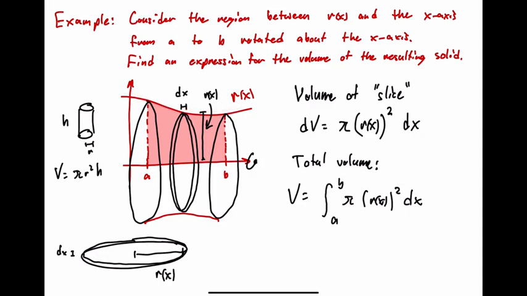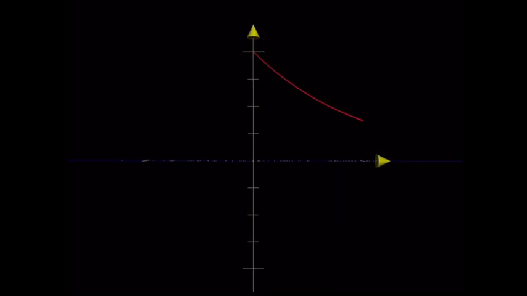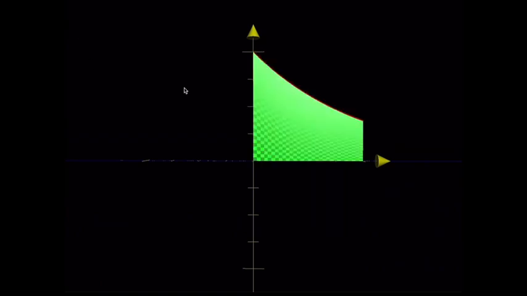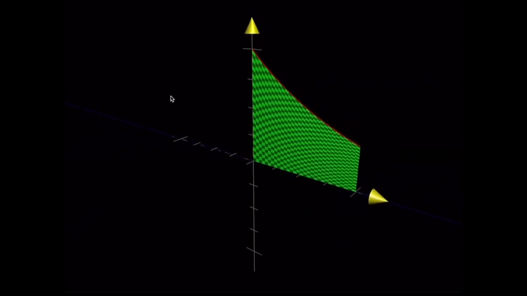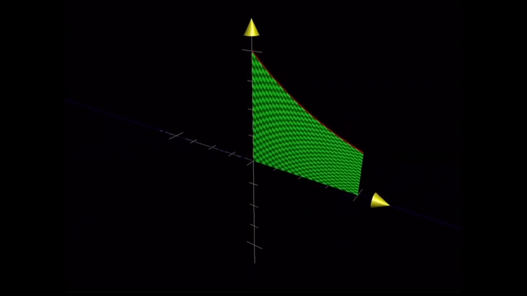Let's try visualizing this in 3 dimensions. Here we have a 2-dimensional plot that's actually in a 3-dimensional graphing system, but just imagine this red curve as some function f of x, and let's imagine taking the area that looks like this and rotating that area around the x-axis. What would this look like if we rotate that area around the x-axis?